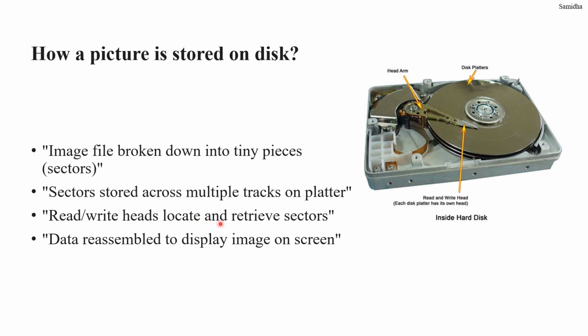It locates each sector which is holding each piece of that image. Then the head assembles each piece of that image and the whole image is displayed on the screen. So this was all about the physical characteristics of the disk.